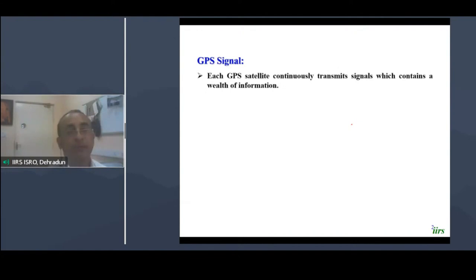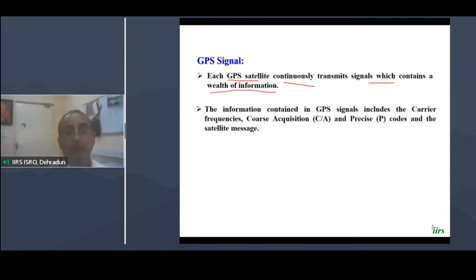If you talk about GPS signals or other GNSS navigation signals, these satellites continuously transmit signals which contain a lot of information. In the context of Navstar satellites, they carry the carrier frequencies, that is, the phase information of the signal, the coarse acquisition CA code, the precise code, and the satellite message.